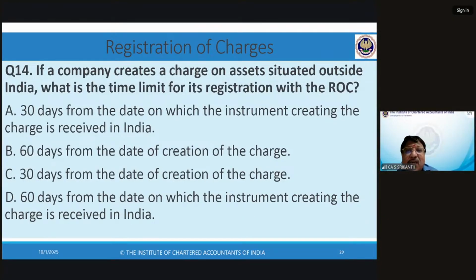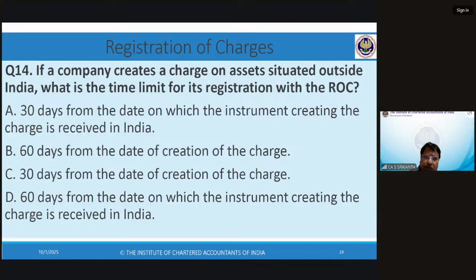If a company creates a charge on assets situated outside India, what is the time limit for its registration with ROC? Be careful, be careful, be careful. Section 78, 14D. See, what is the extra situation here?